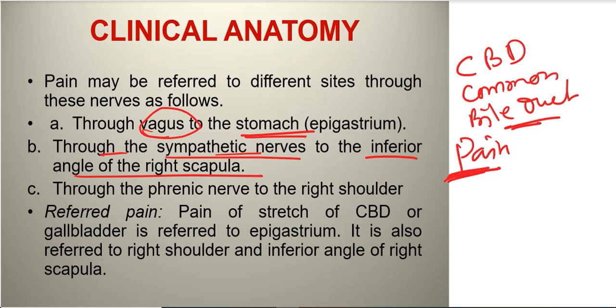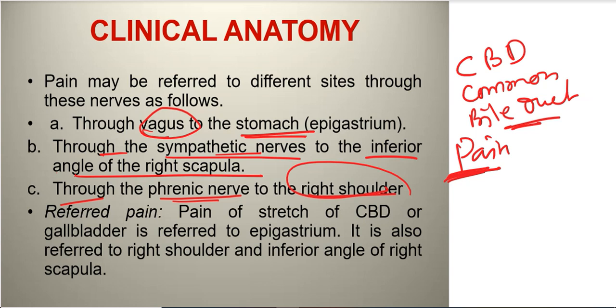Then through the phrenic nerve to the right shoulder. Previously we have also seen pain in the tip of the right shoulder and pain in the tip of the left shoulder. The causes are related to the gallbladder and common bile duct for the right shoulder, and to the spleen for the left shoulder.